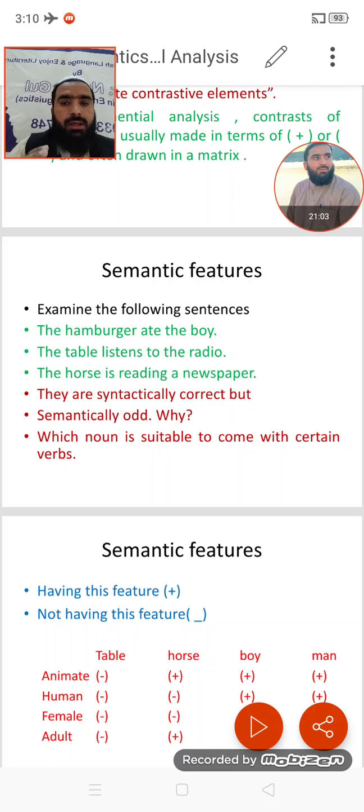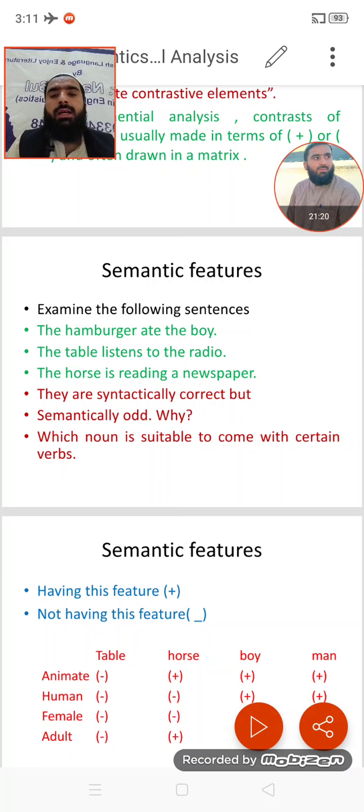For listening, an animate thing can listen, and human can listen. Female, adult, they can listen, a boy can listen. Why? Because they have the ability of listening.